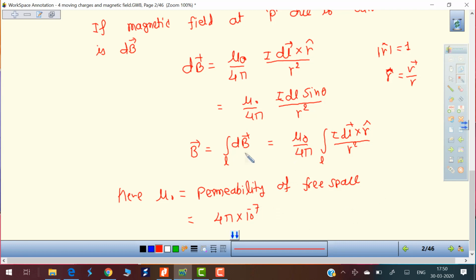So what is the SI unit? The magnetic field is in Tesla, so I write Tesla on the left side.